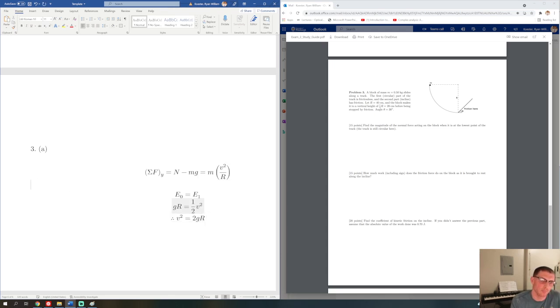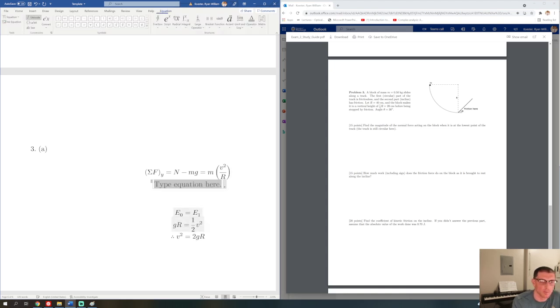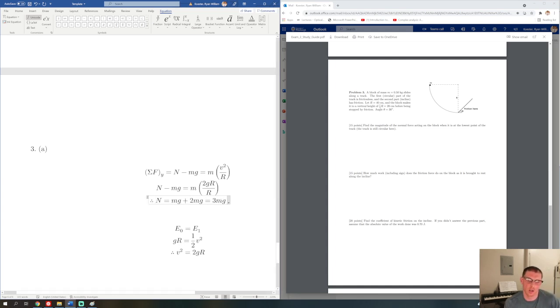So then we take that up here, and we can write that N minus mg equals m times 2gR over R. So N equals mg plus 2mg, so it's just 3mg. And this was obtained from a combination of the circular motion stuff and conservation of energy.